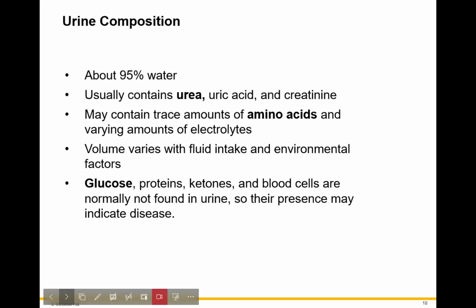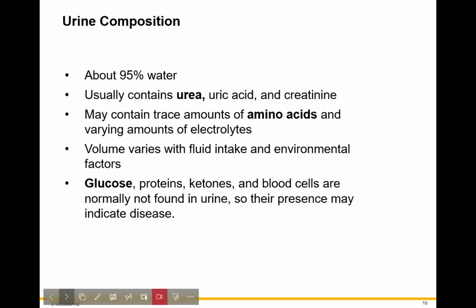I'm not going to worry about the names of all the different electrolytes. And your volume of urine, we said, average volume 0.6 to 2.5 liters. It's going to vary with how much fluid you've been drinking and environmental factors. For instance, how hot it is outside, how much you've been exercising or moving around.